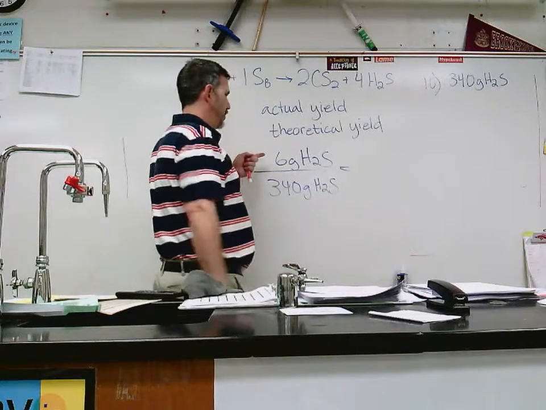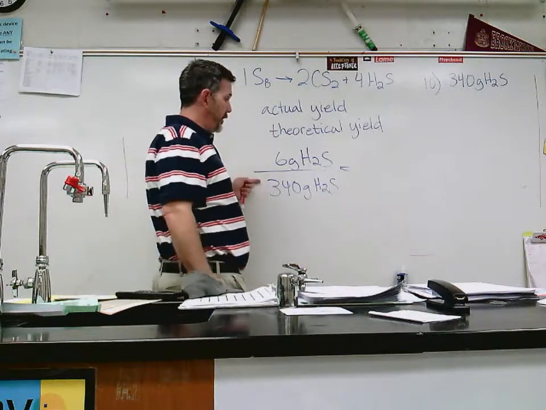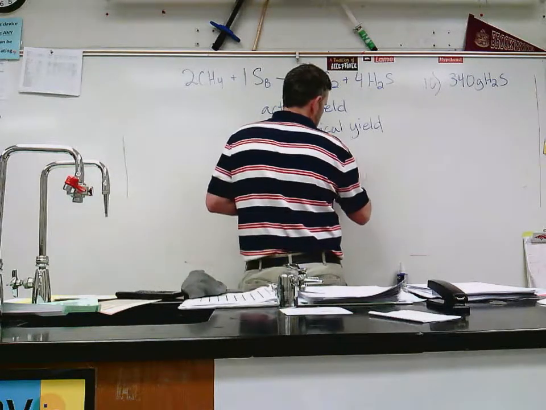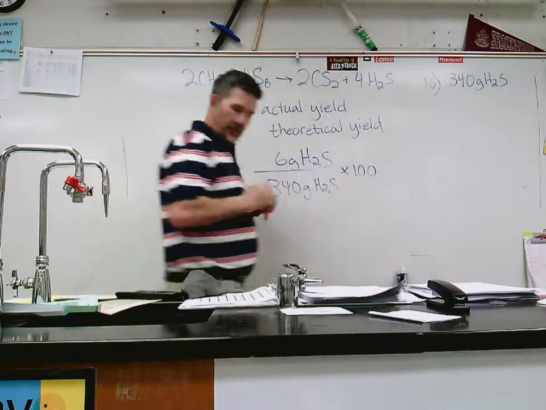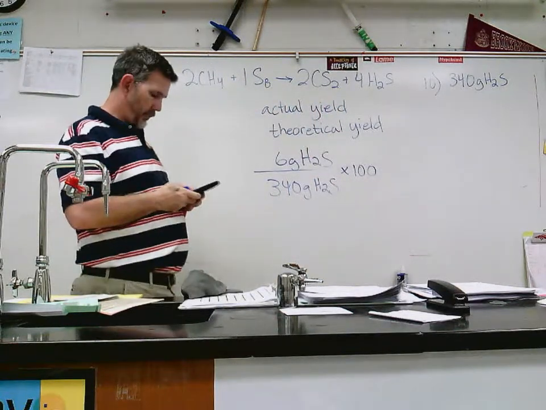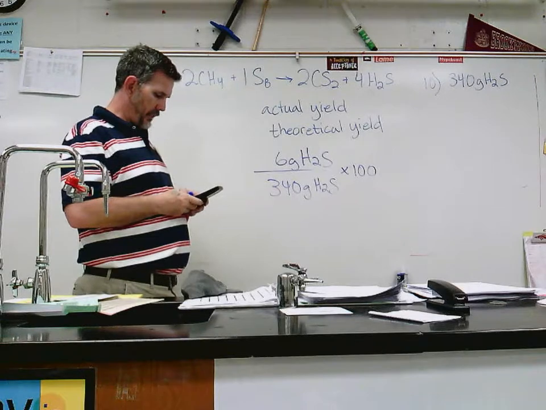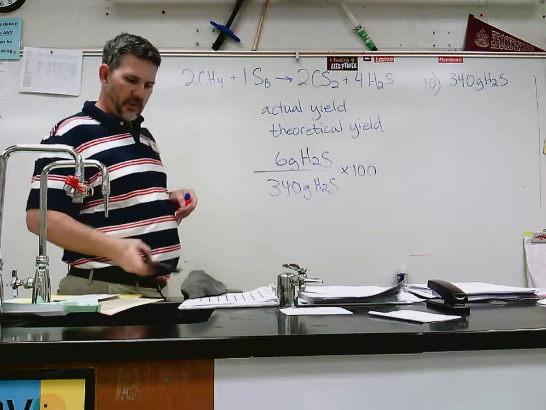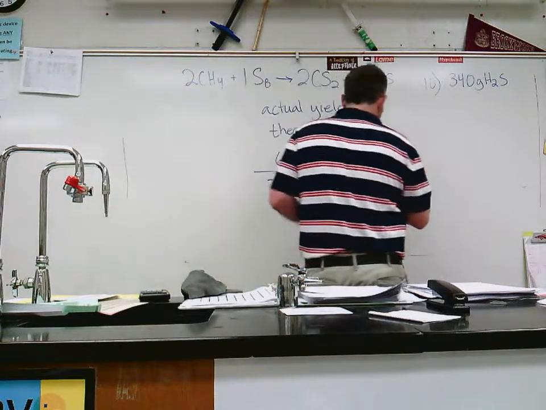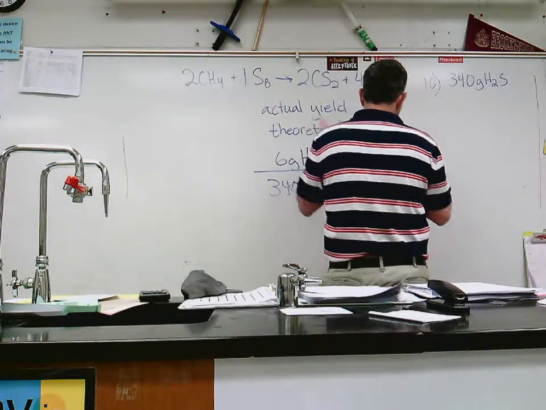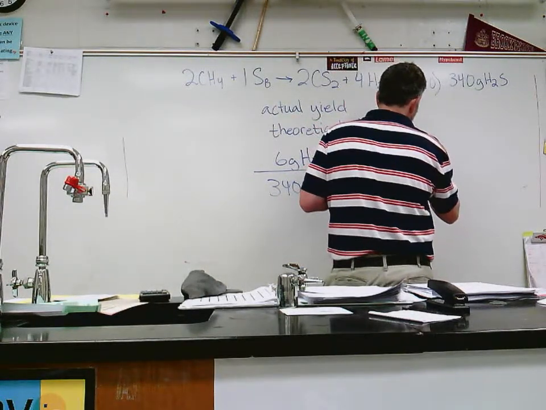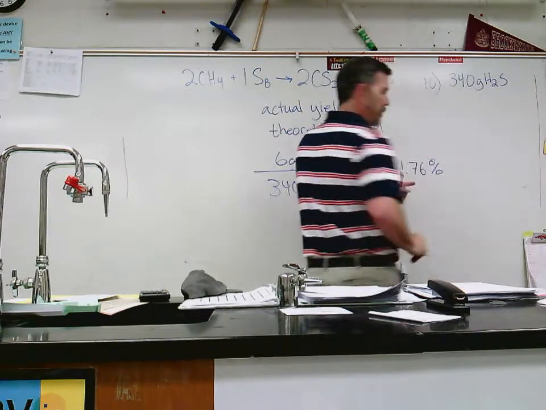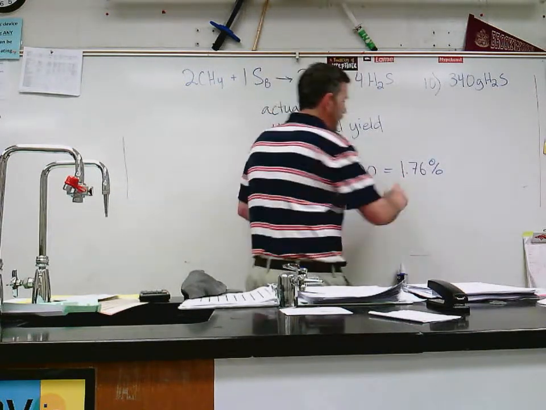So it's actual over theoretical, times 100, and let's see what we get. 6 divided by 340 times 100, 1.76%. And that number there is my percent yield.